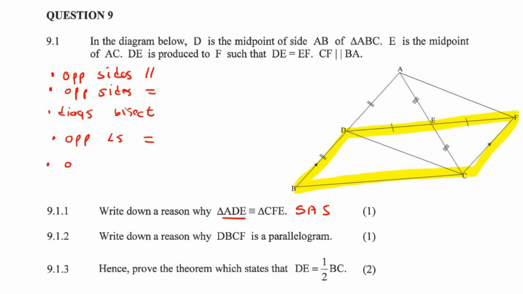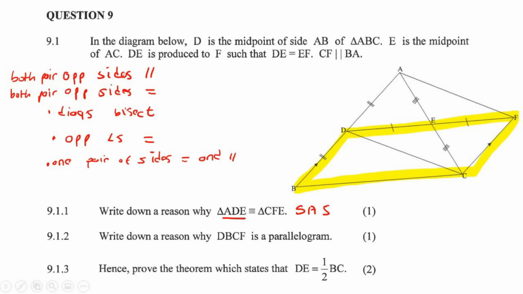And then the last one is opposite or one pair. Sorry, this should have said both pairs. Let's write it a bit better. Both pairs. This would say both pairs. And then this one is one pair of sides equal and parallel.